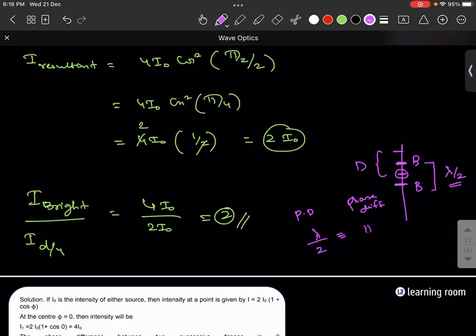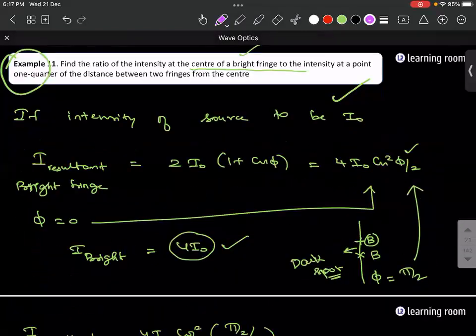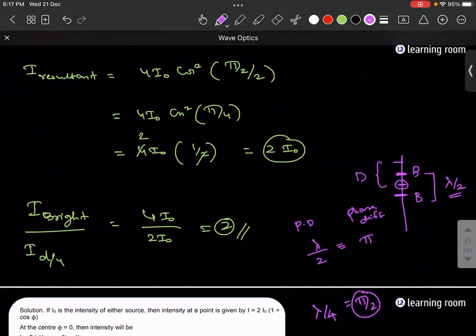That will be pi. Yes, sir. So when it is lambda by 4, it is pi by 2. Here it matters, but in this question you got this pi by 2 because of this reason.